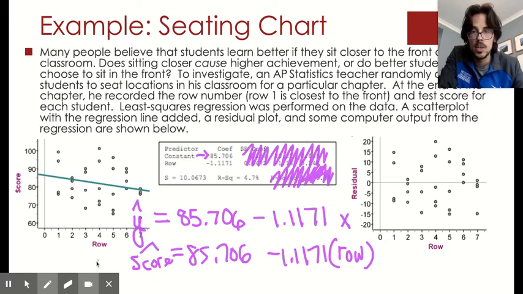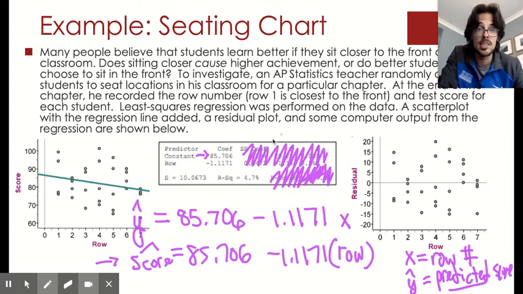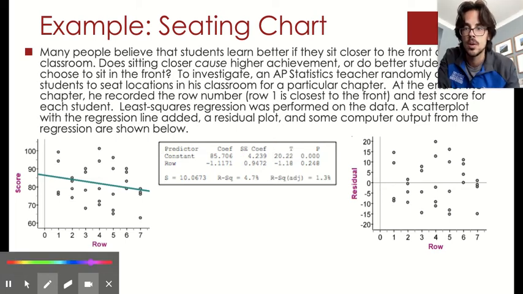You can do it this way if you like this better. Or if you like your traditional x and y, you just have to define them. So x is going to be row number, and y hat is the predicted score. So either of these would be an acceptable thing to do, but if you use the x and the y hat, you have to define your variables. Okay, so you just pull that out of the nice little table right here.